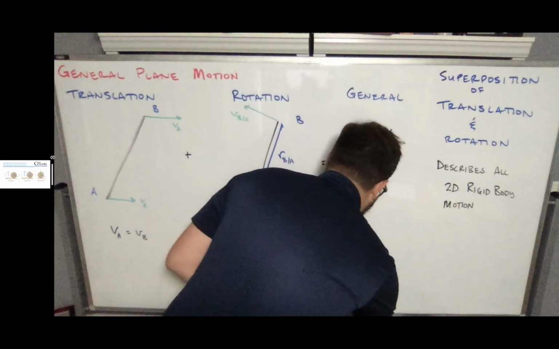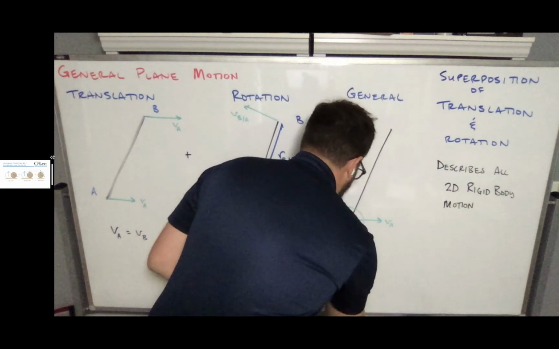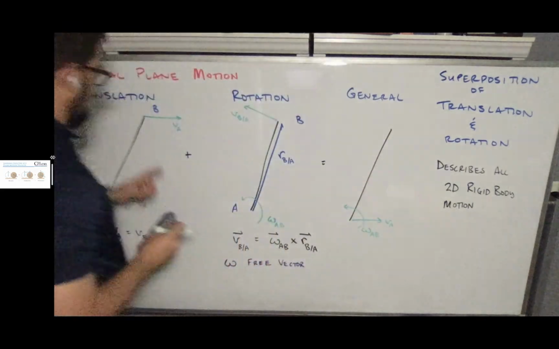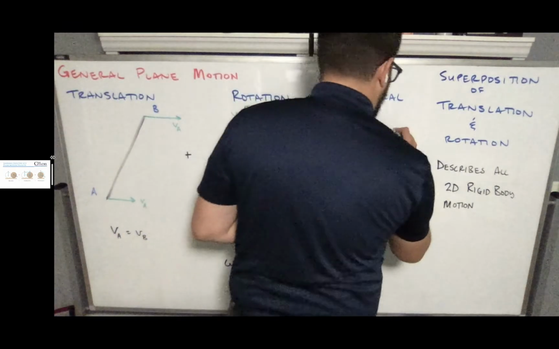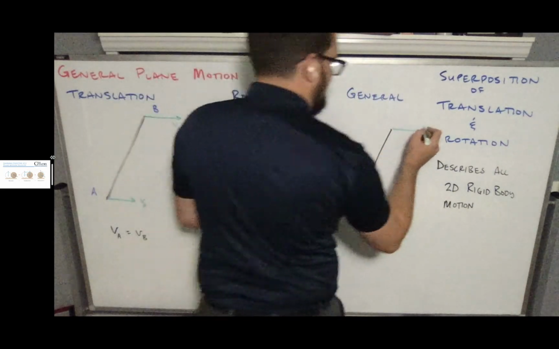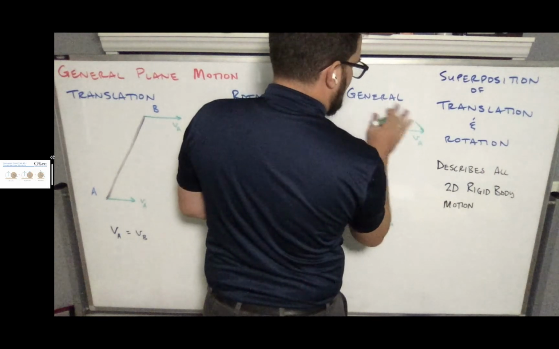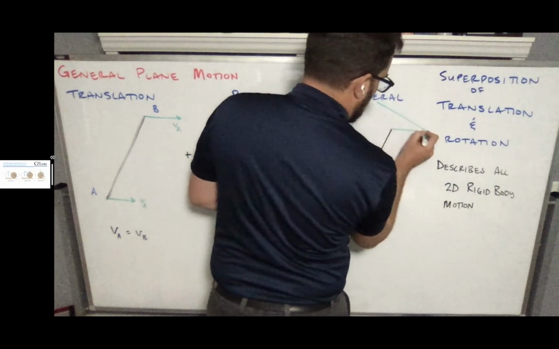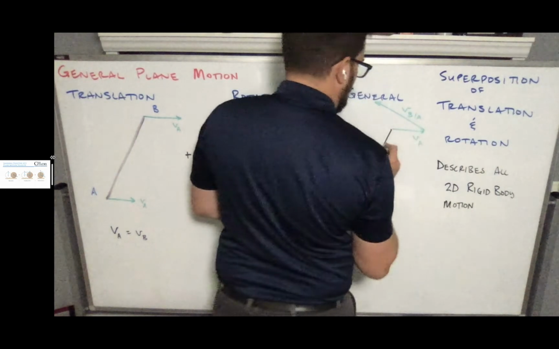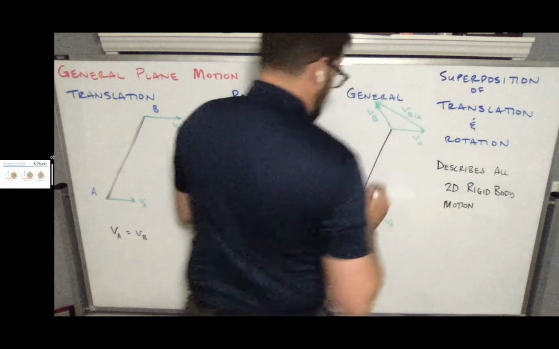So I'm going to have the velocity at A and omega AB, and then over here, I'm going to have the velocity at A plus the velocity of B with respect to A. So if I do a head to tail, not quite, it's got to go at 90, so something like this. And so that means that this here is my velocity at point B.